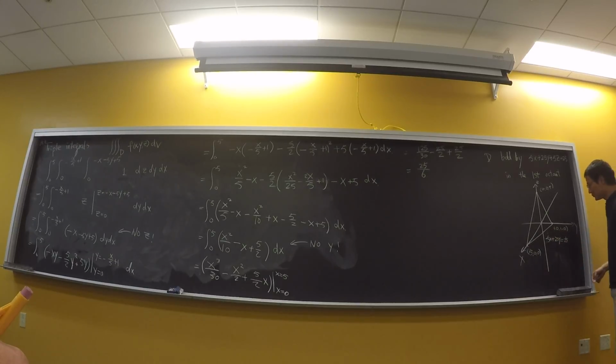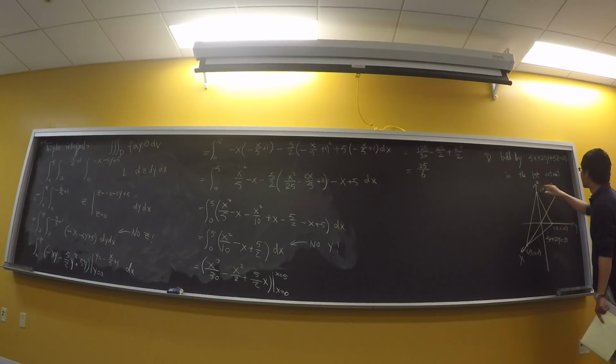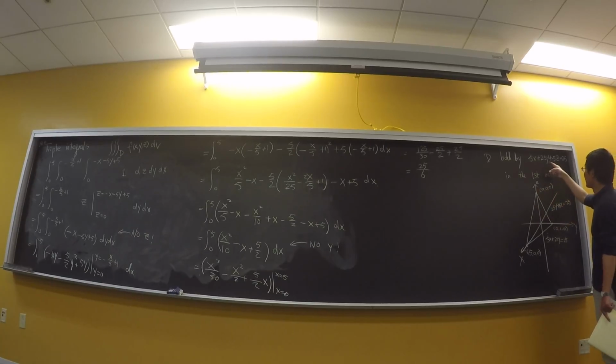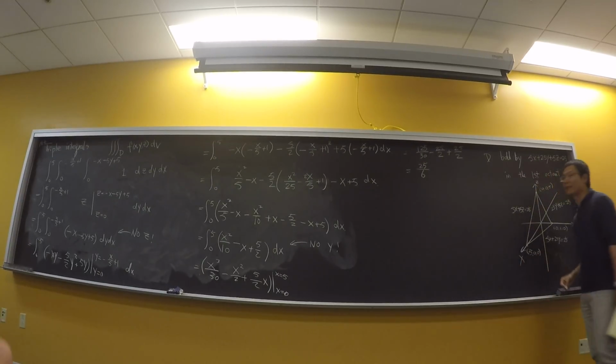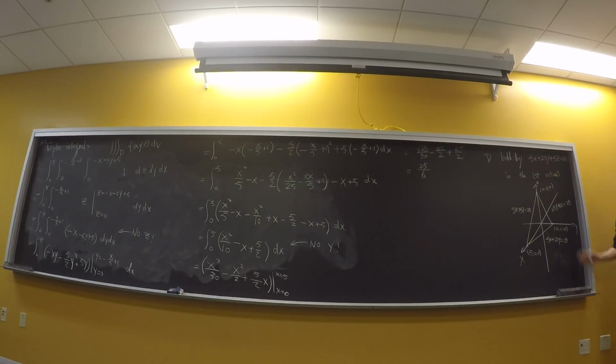So the yz trace is given by 25y plus 5z is equal to 25. And the xz trace is given by 5x plus 5z is equal to 25. Right? So this is indeed the integrating region we're doing the triple integral over.